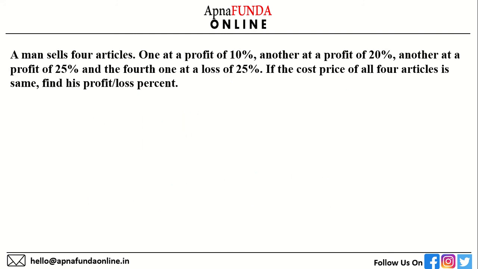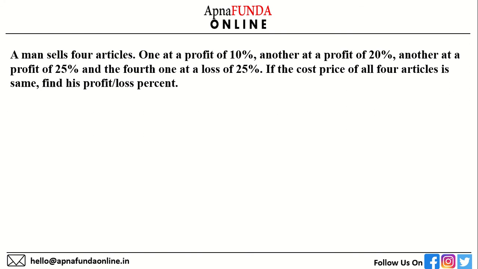Next question. A man sells 4 articles, one at a profit of 10%, another at a profit of 20%, another at a profit of 25%, and the fourth one at a loss of 25%. If the cost price of all the 4 articles is same, find his profit or loss percent.